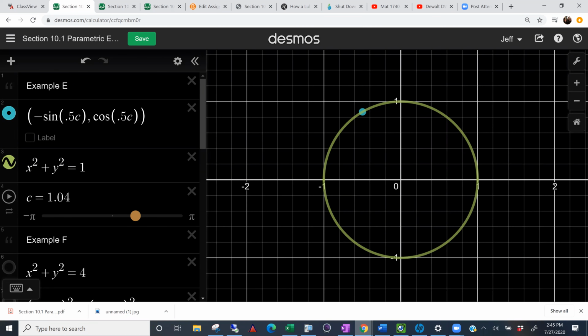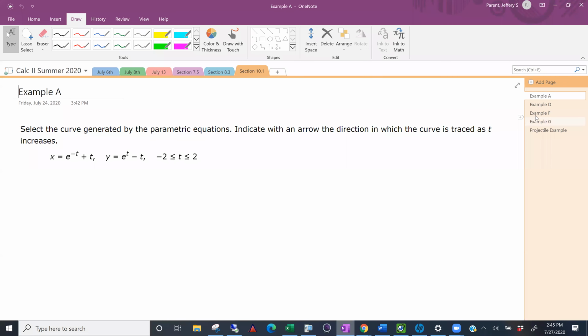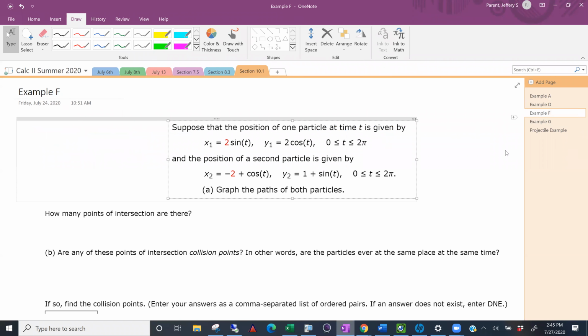Okay, well, let's jump up to example F, and I think I want to do that one here. All right, so example F, you've got 2 curves, one defined this way, x1, y1, and the other one defined x2, y2. And I want to graph both paths of the particles.